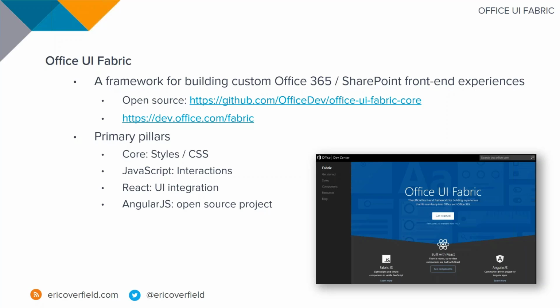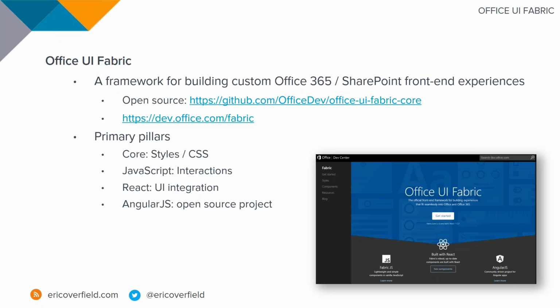On top of that, though, there is a JavaScript component which is for interactions, such as if you wanted to have pop-ups, or callouts, or panels, things like that. There are some JavaScript components you can use to help you build them without having to think about all of the extra JavaScript that may be needed.